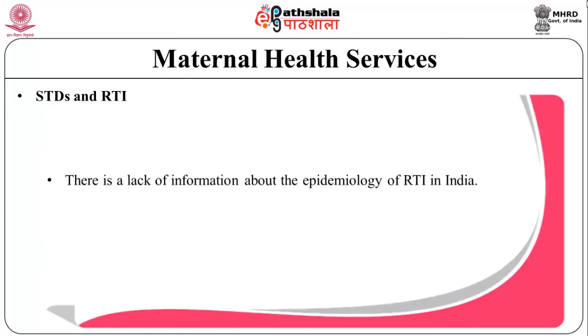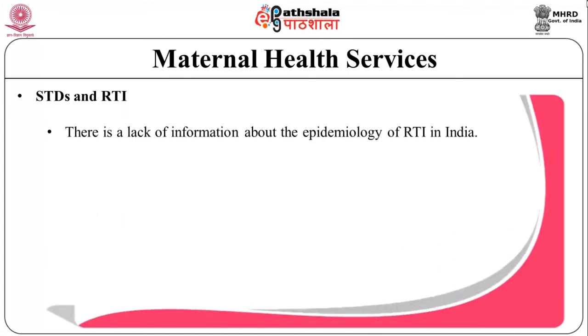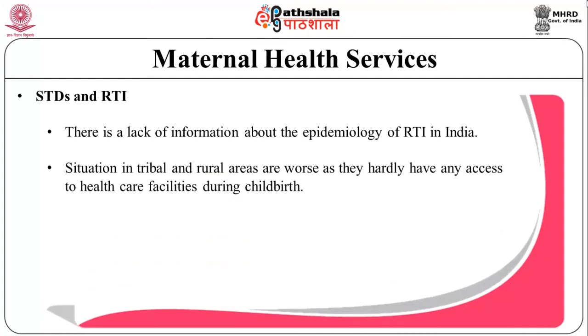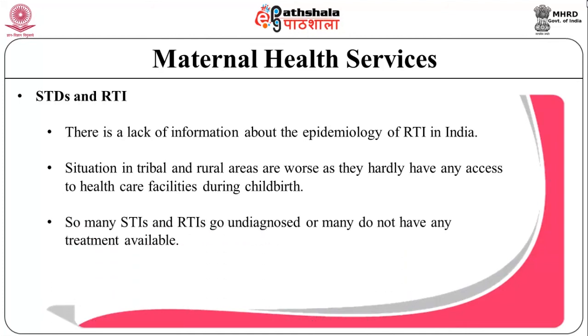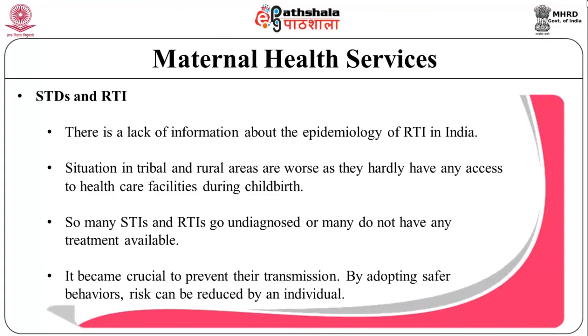For many reasons, there is a lack of information about the epidemiology of RTI in India. Situation in tribal and rural areas are worse as they hardly have any access to healthcare facilities during childbirth. So many STI and RTI go undiagnosed or many do not have any treatment available. It became crucial to prevent their transmission.